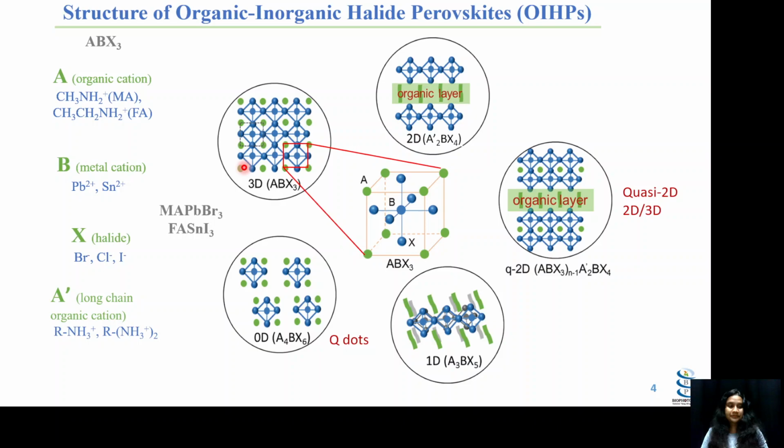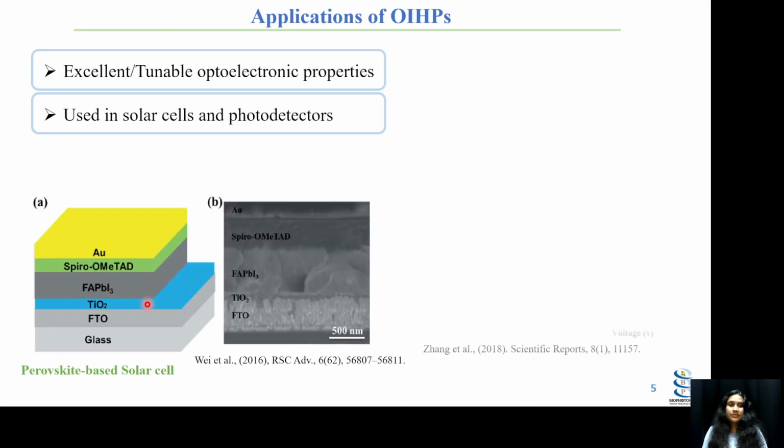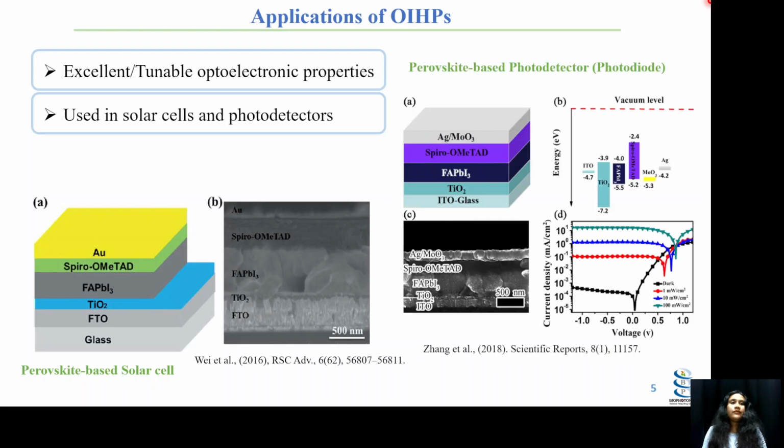This is the general schematic and its SEM image of different components. The same has also been used in a photodiode, which is a photodetector. This is the general schematic of the photodiode, the work function of various components that make up the photodiode, its electron microscope image, and then we have these current density versus voltage plots, which are characteristic of a photodiode.